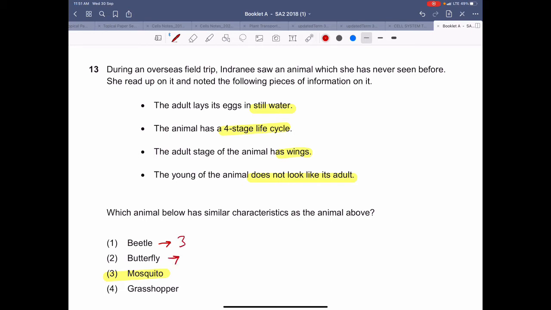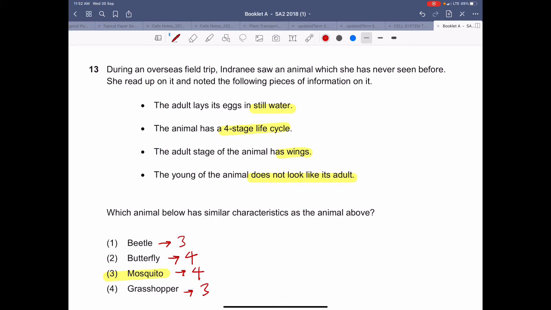Mosquito, how many stages? Butterfly, how many stages? 4. Yes, but it doesn't lay eggs in water, it lays eggs on leaves. Mosquito, how many? 4. Lays eggs in water. Grasshopper, how many? 3. Okay, it has a nymph. Alright? So therefore, please take note of this.